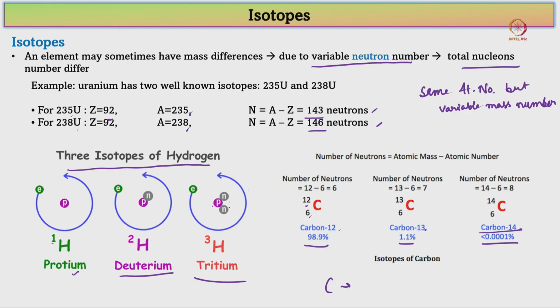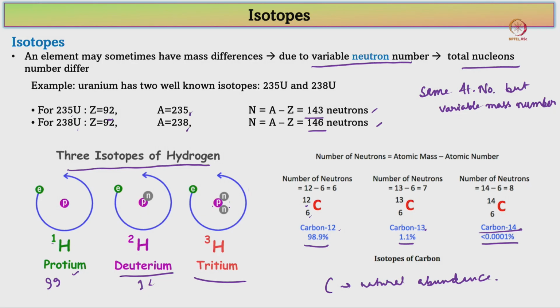This is the natural abundance. Similarly, for protium, deuterium and tritium, protium is the most abundant at almost 99%, deuterium is the second most abundant but very much lower, less than 1%, and tritium is also less than 1%.